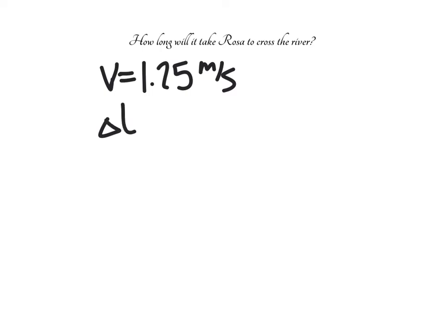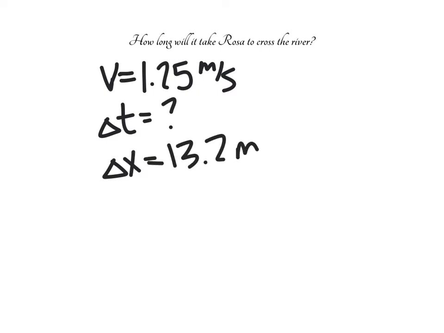We're trying to find how long, and we are told in the problem that the river is 13.2 meters wide, which is displacement. For all relative motion problems, the acceleration is 0 because they're constant velocities. So the equation we use is this one.